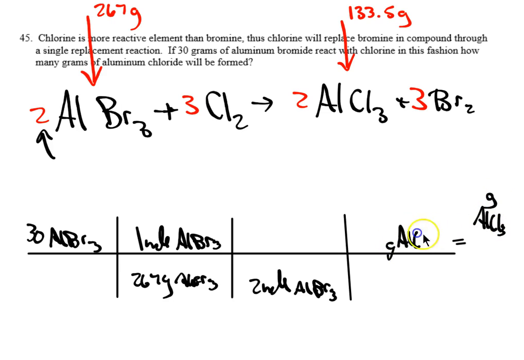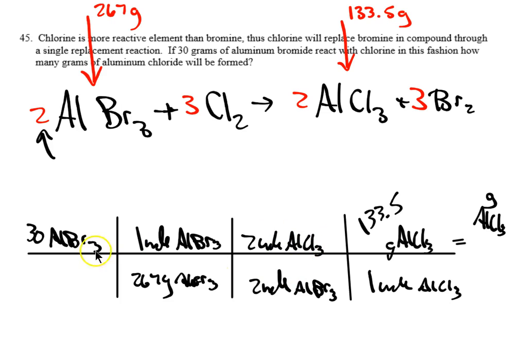So grams AlCl3, that was 133.5, which is a nice number because it's half of that value. All right, 1 mole AlCl3 and 2 mole AlCl3. 30 times that divided by half is 15. Okay, if you got 15 before we did it, then you're right where we need you to be.